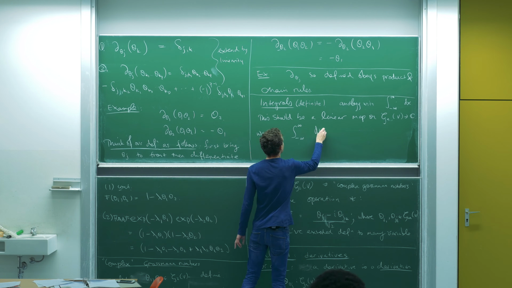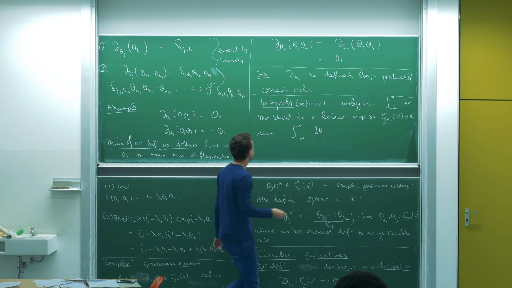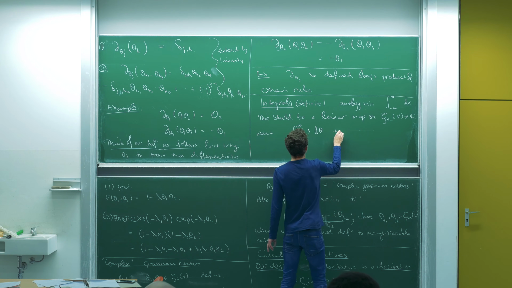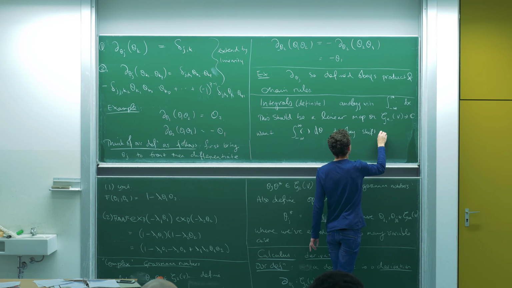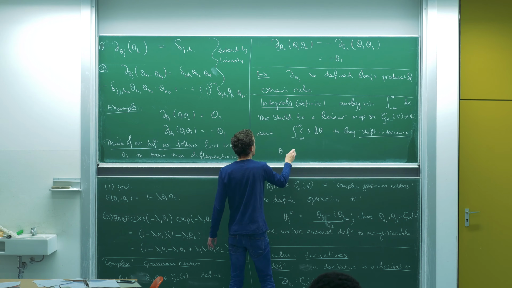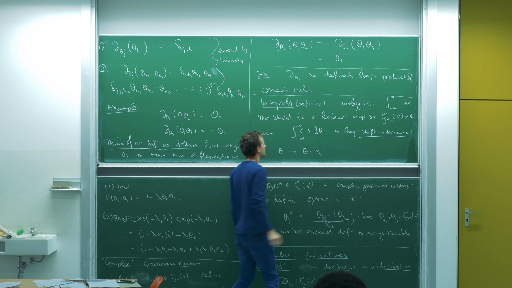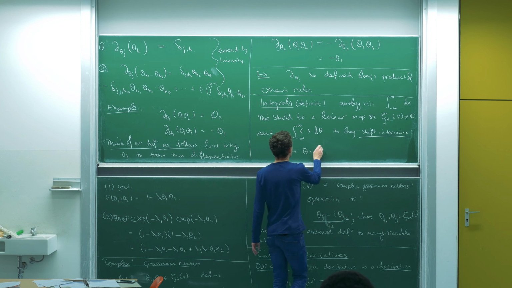So whatever our definition is, we want it to obey a kind of shift invariance. So that if you send theta to theta plus eta, well, this is just some other Grassman variable.